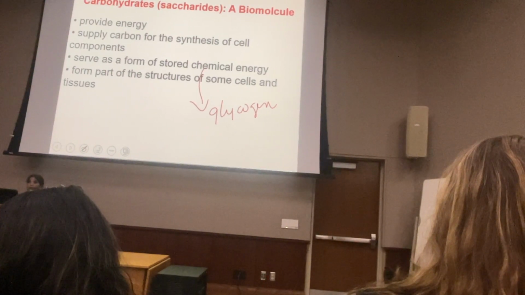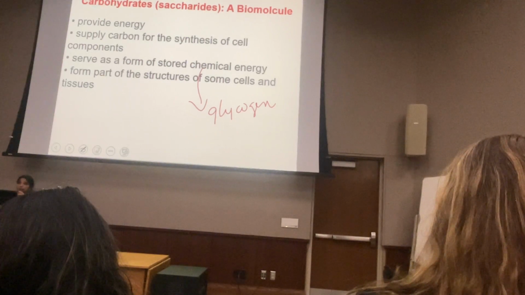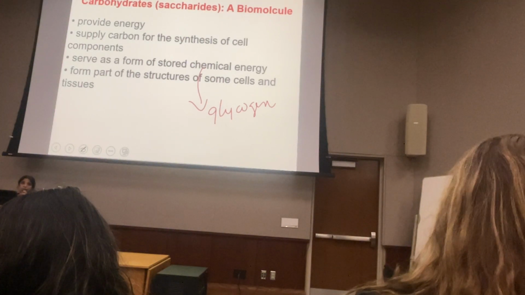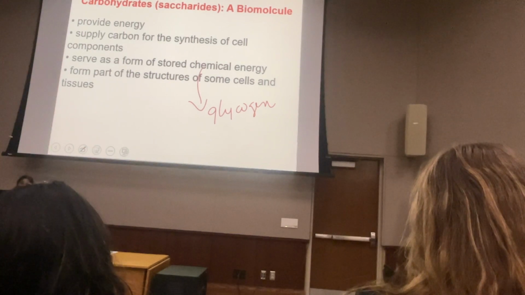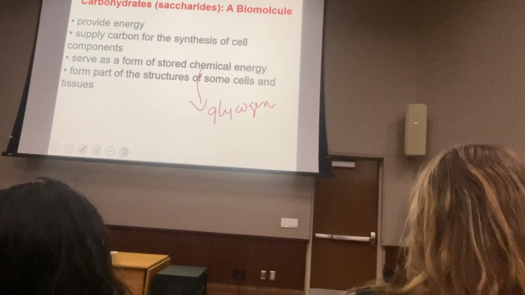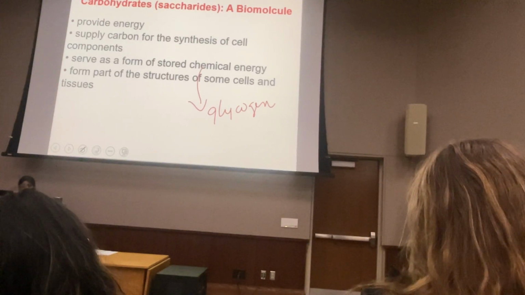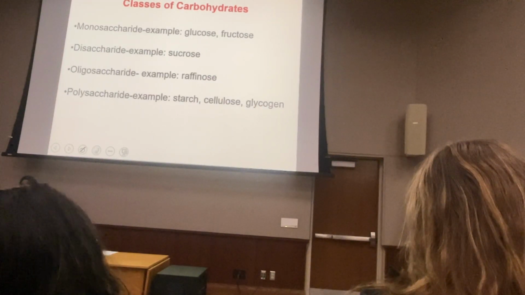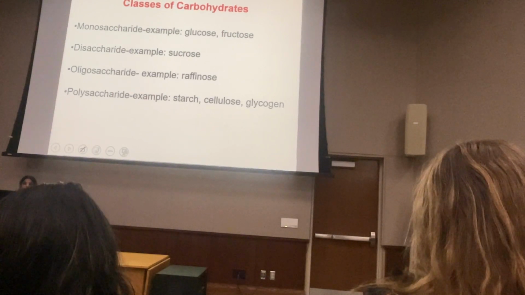Remember, we don't want all these glucose molecules in our bloodstream causing a high glucose level. So the liver will store them in the form of glycogen. Okay, so that's where that stored chemical energy comes from. And of course, the structures of some cells and tissues will have different carbohydrates. So these are some of the examples that we're going to look at.